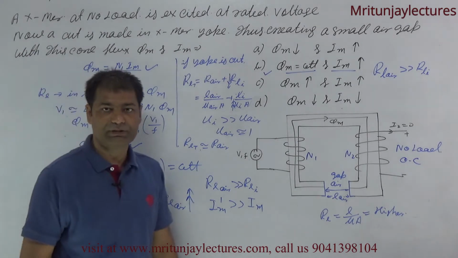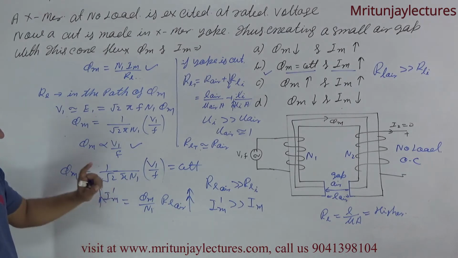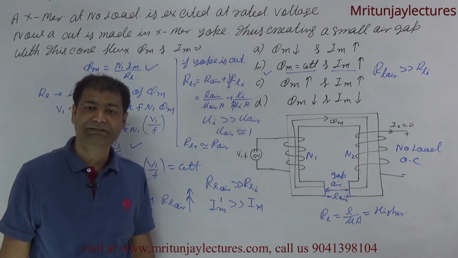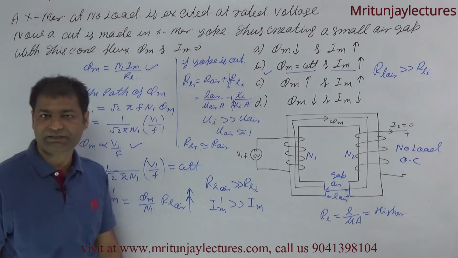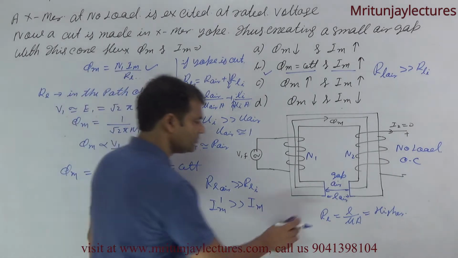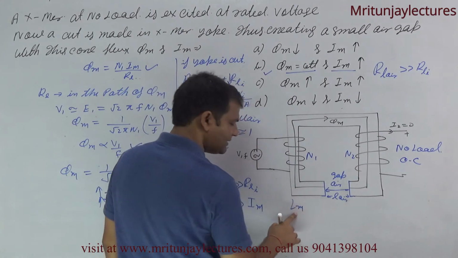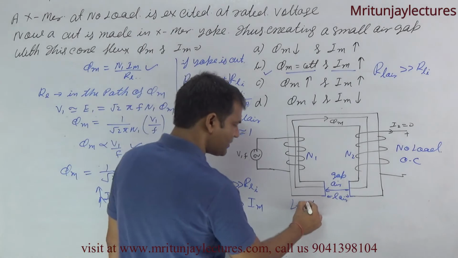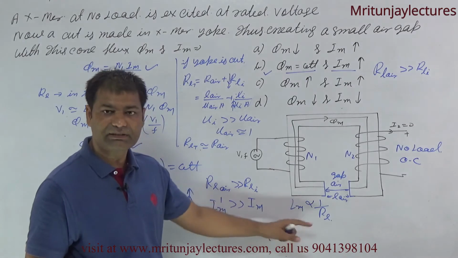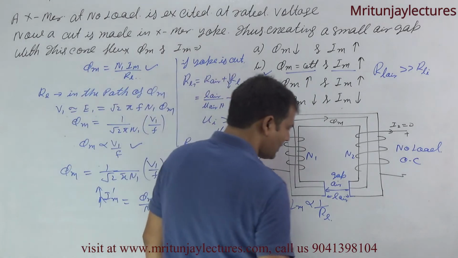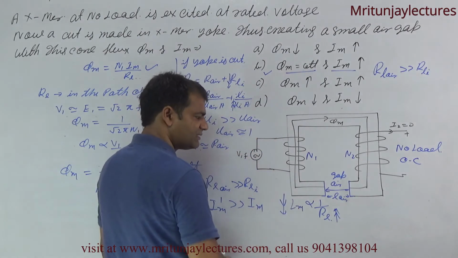Now create another question corresponding to the same condition. First of all, it is clear phi m is constant but Im increases. Why does Im increase? Because reluctance increases. If you have any doubt, you can use another method. You know that magnetizing inductance is inversely proportional to reluctance, and if reluctance increases, it decreases.